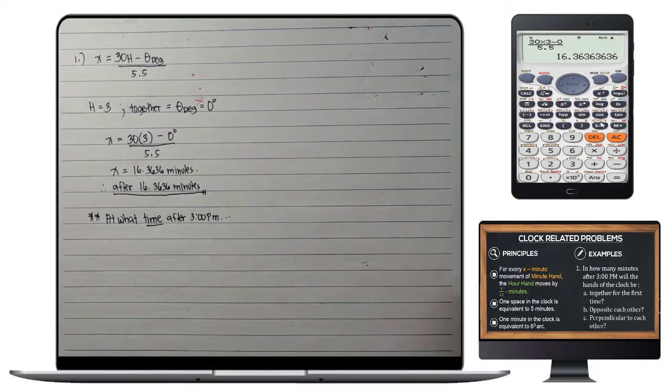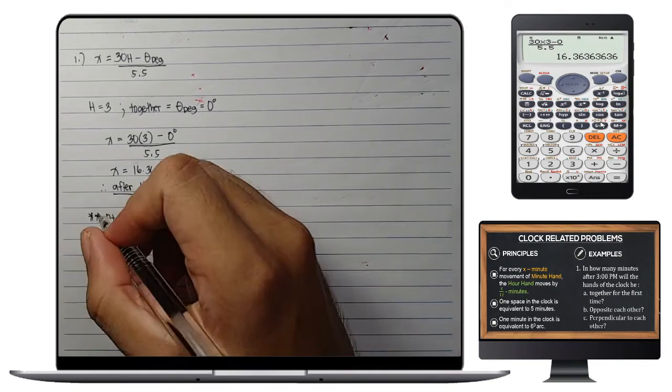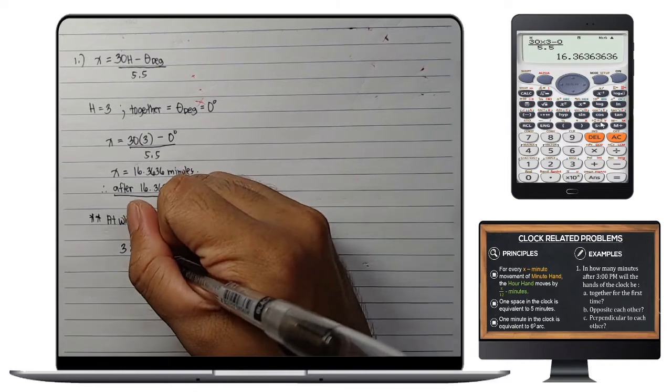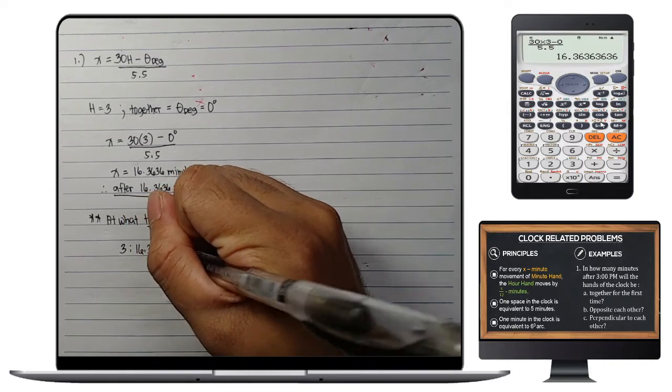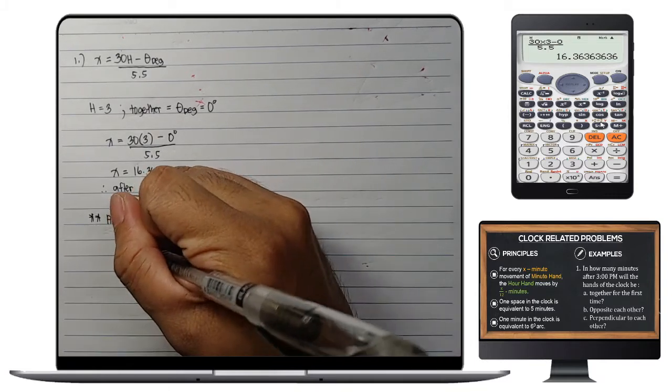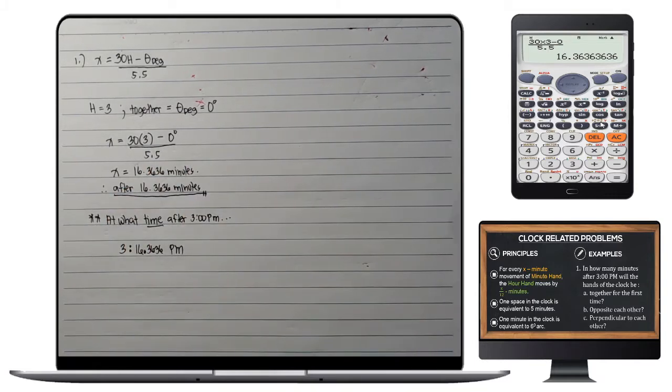So, on most cases, ganito yung magiging sagot. Gagawin 3, so 16.3636 p.m. So, yan. So, 3 and 16.3636 p.m. Sometimes, tama siya kung siya ay nasa given, pero you should inspect because we do not have 0.3636 sa ating specific time.